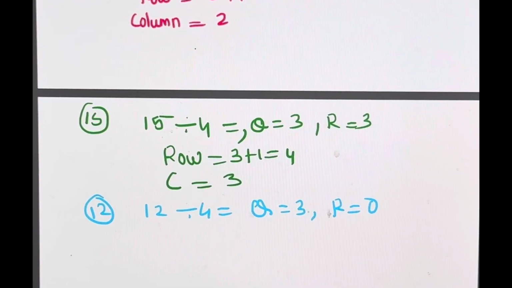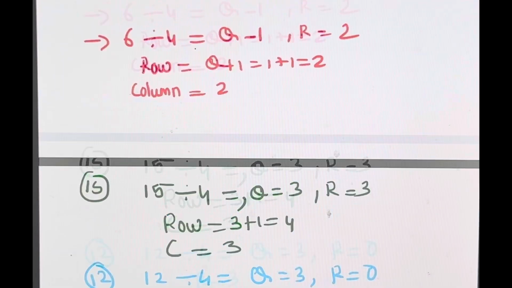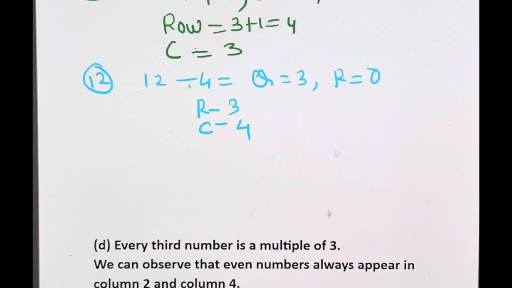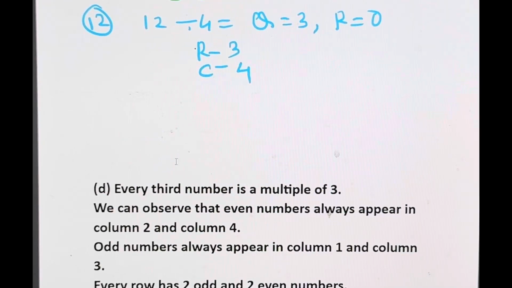Now you remember, when the remainder is 0, the row will give you the quotient 3, and remainder 0 means the column is 4. So row 3, column 4 for number 12. Let us go back and check. Number 12, you can see column 4 and row 3.